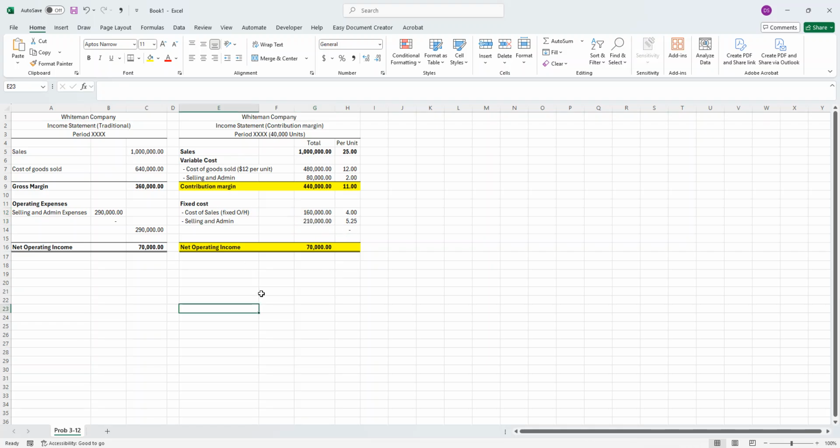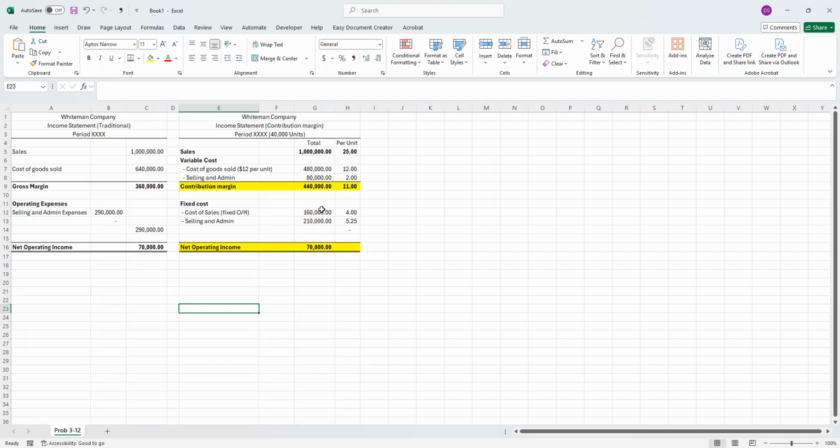So the bottom line here is, why does management prepare this statement? The purpose is to understand the company's contribution margin ratio. That way, in the future, if they want to estimate an increase or decrease in production, they can understand whether the company will be able to survive with the new production level, or whether it will skyrocket with the new units it is going to produce.